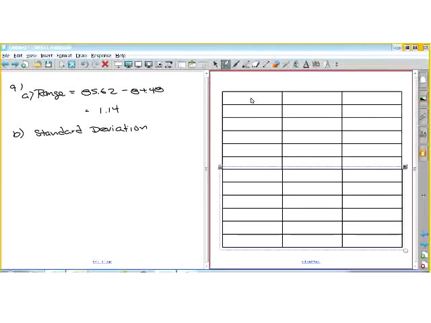Okay, so there we go. In the first column, data. Second column, deviation. Third column, deviation squared. Okay, so let's write down the data. Again, I don't have to put it in numerical order if I don't want to.